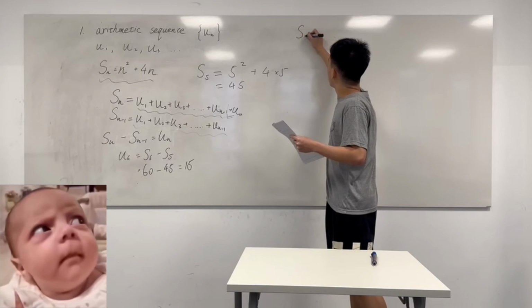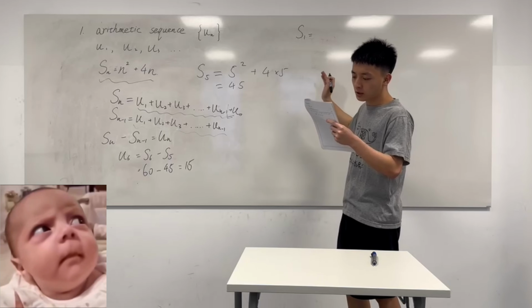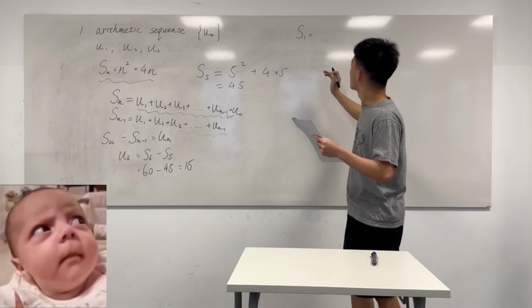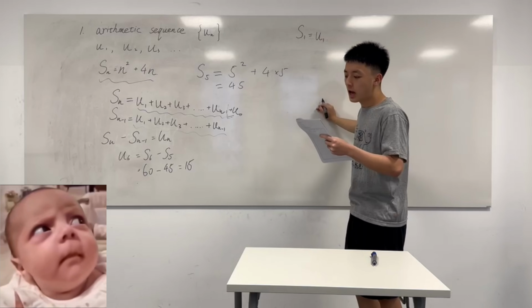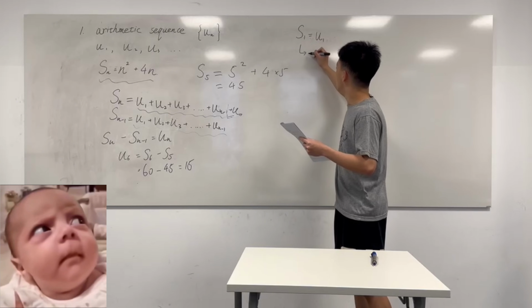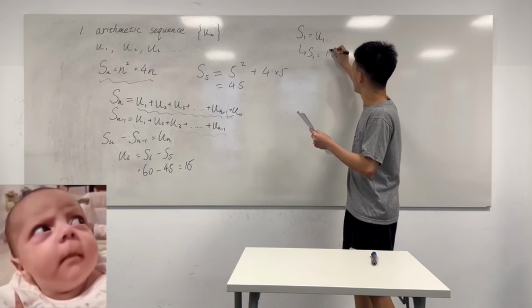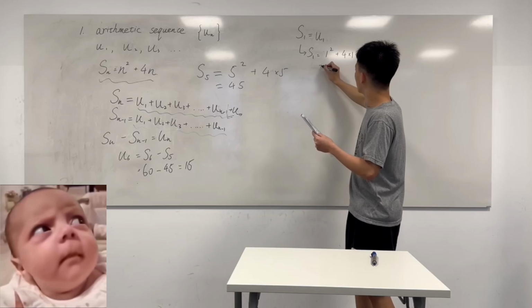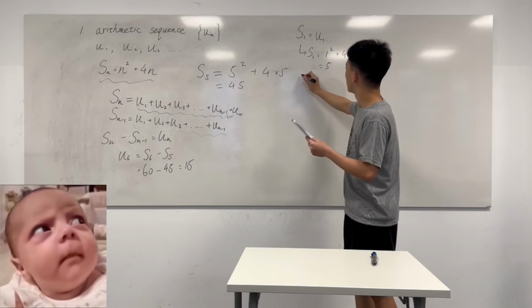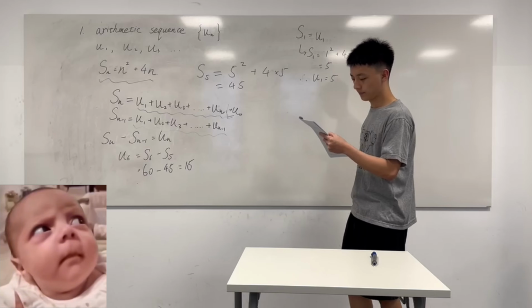So let's think about S1. S1 means the first one term of this sequence, so S1 should equal U1. And we know how to calculate Sn. Therefore, S1 is equal to 1 squared plus 4 times 1, which is 5. Therefore, U1 is equal to 5.